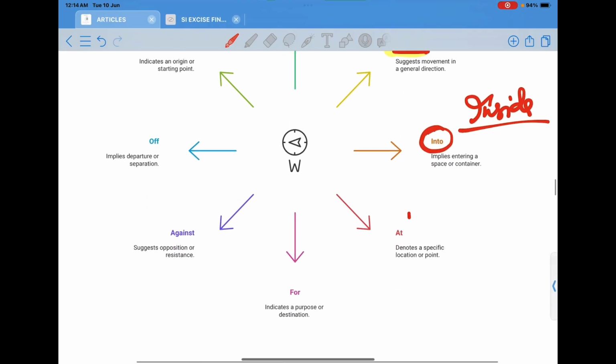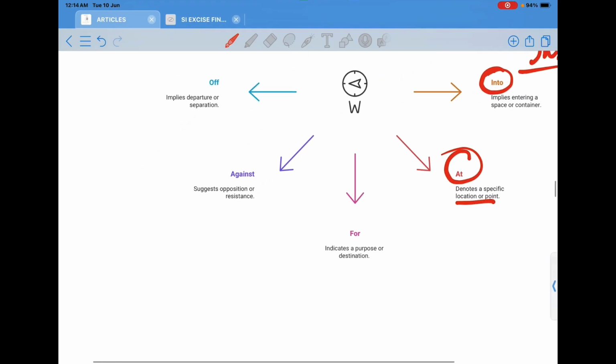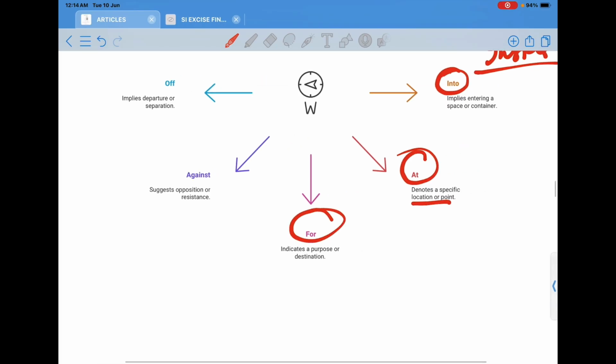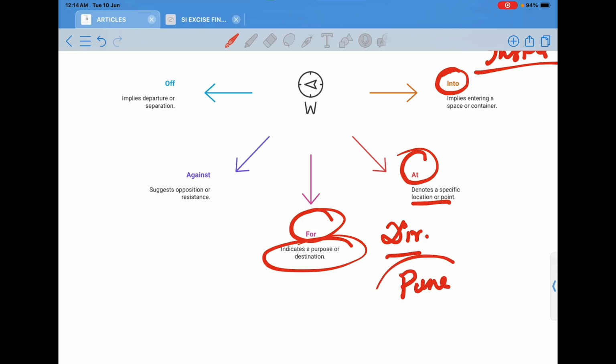Next, at. At denotes a specific location or point. For example, he aimed at the bird. I have already discussed it earlier. For. When to use for? For indicates a purpose or destination, or denotes direction. For example, I will leave for Pune today. Pune is a direction, so in this situation we will use for.